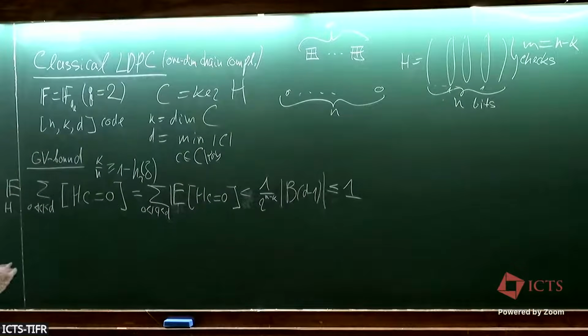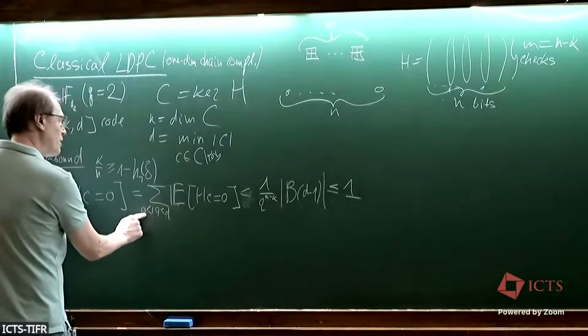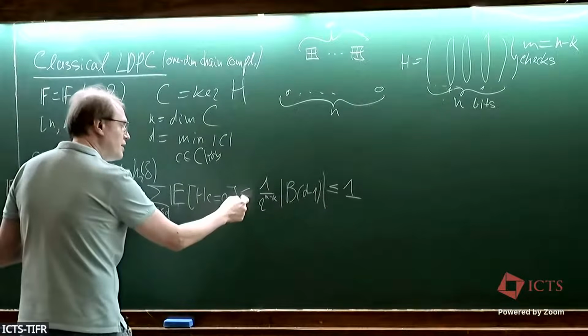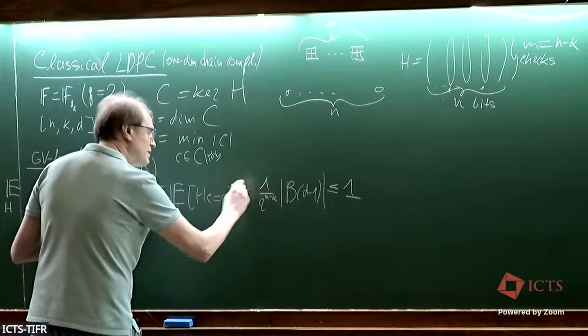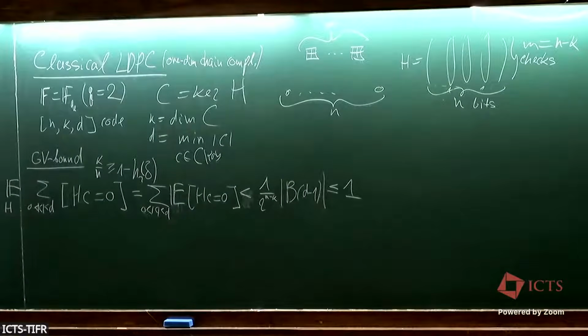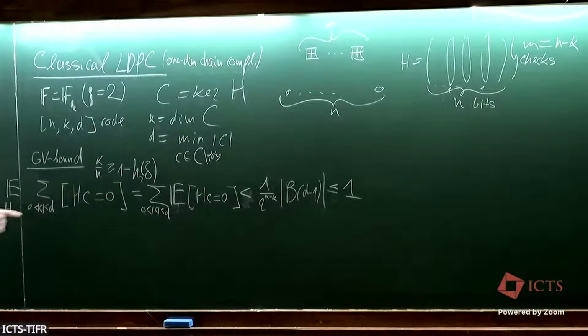Here I should also say that we exclude the zero codeword, so here we have a strict less-than sign. So if we calculate this expectation and it is smaller than 1, then there exists a matrix for which this quantity is equal to 0, because this quantity is an integer.